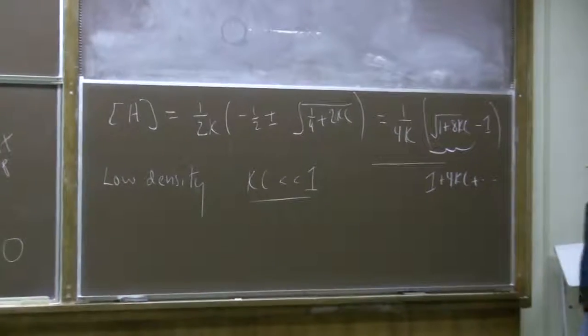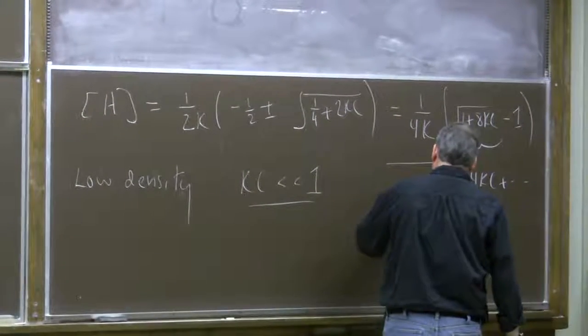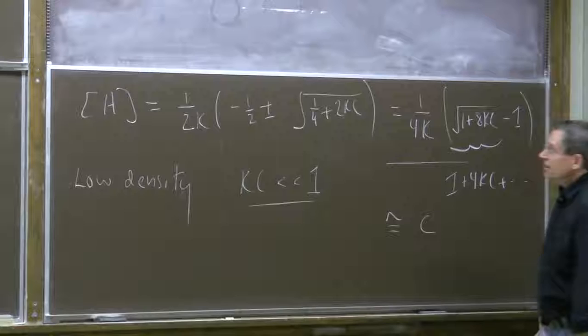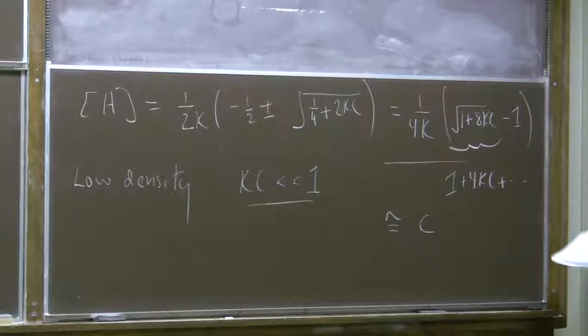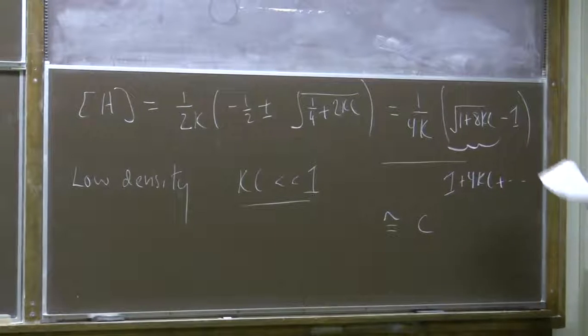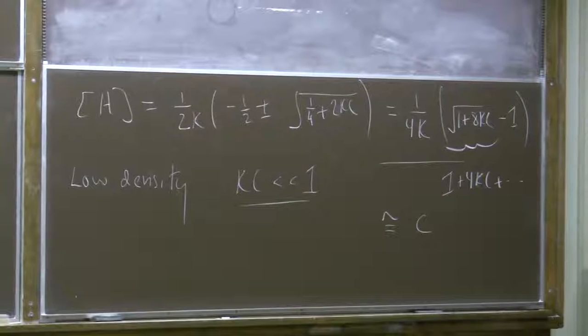So then when I divide by 4k, it's just approximately c. So low density means we have very little molecular hydrogen. It's almost all atomic hydrogen.